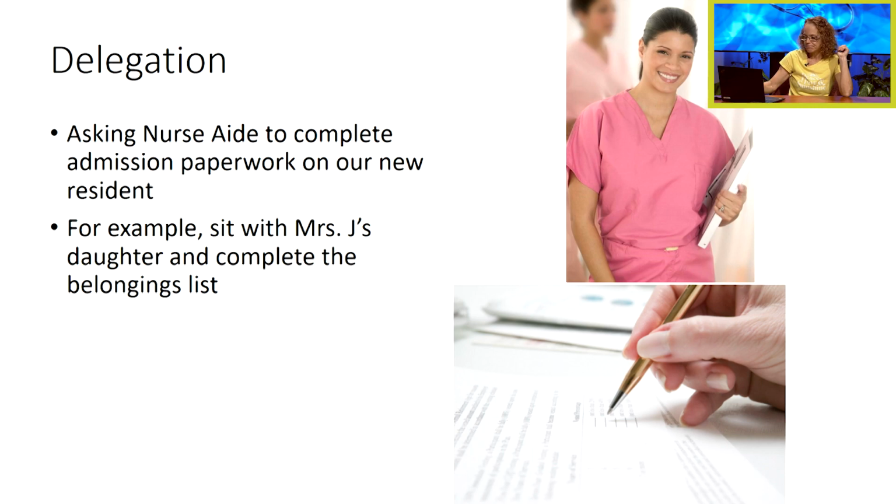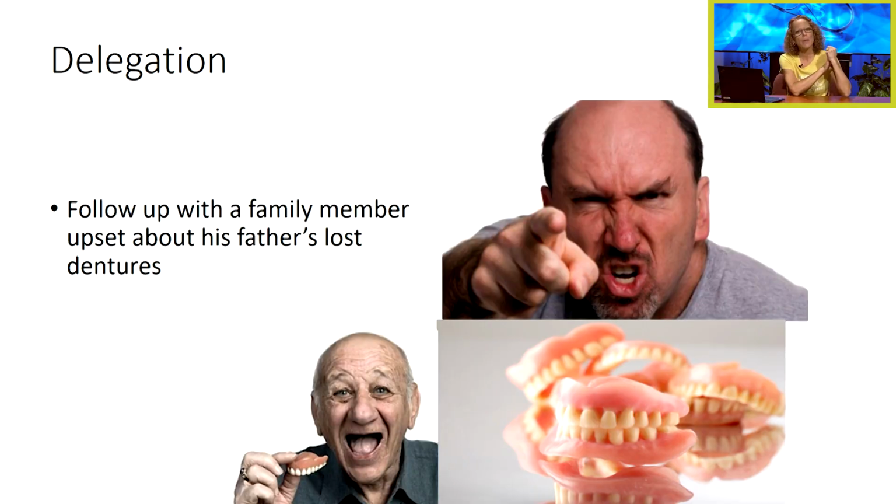Ooh, how about this one? Follow up with a family member upset about his father's lost dentures. I don't know about you, but I've seen this guy plenty of times.